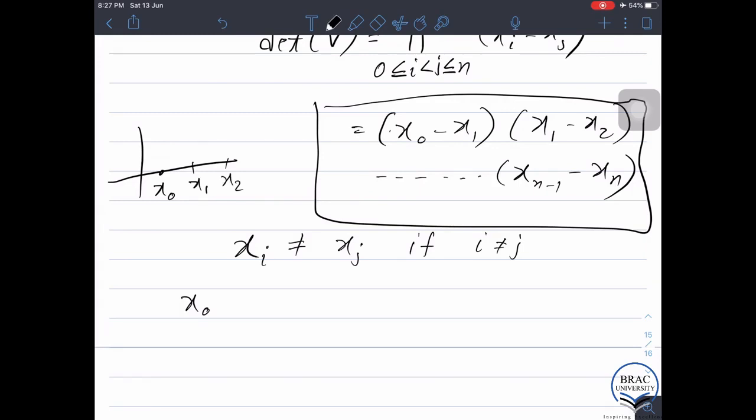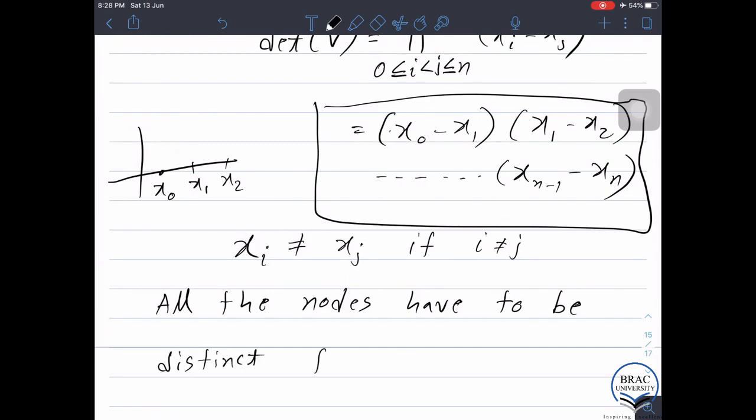Okay, so this is the idea, that all the nodes have to be distinct for V inverse to exist.